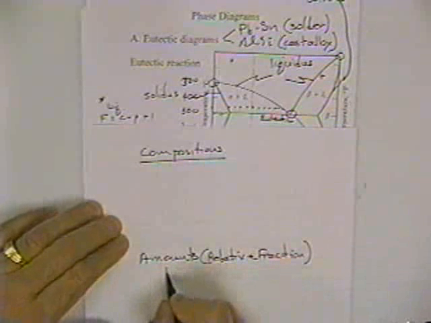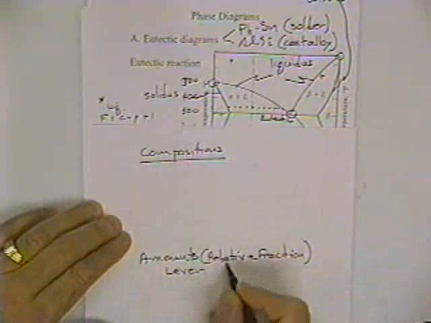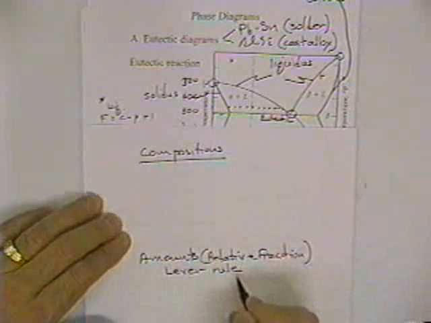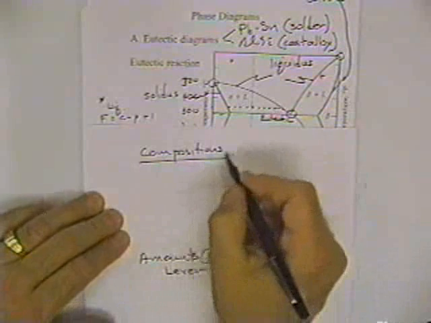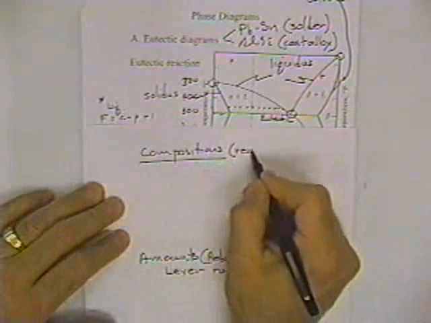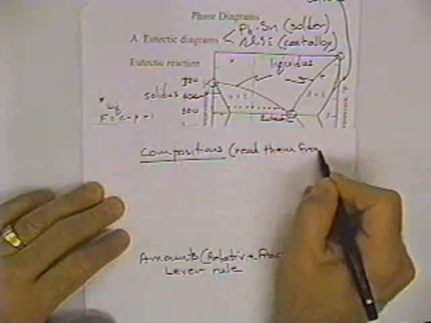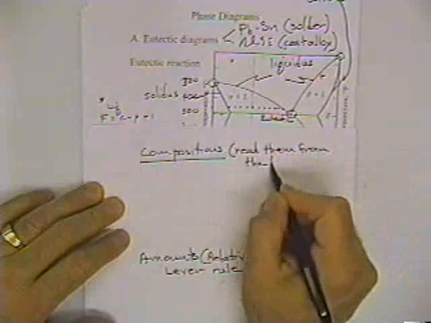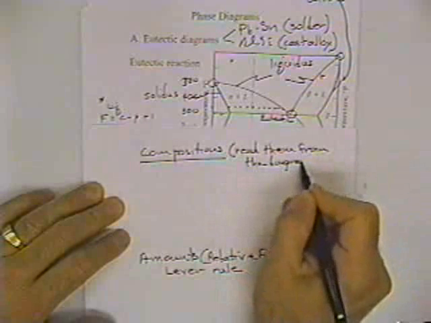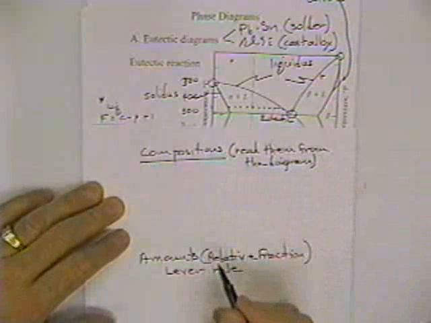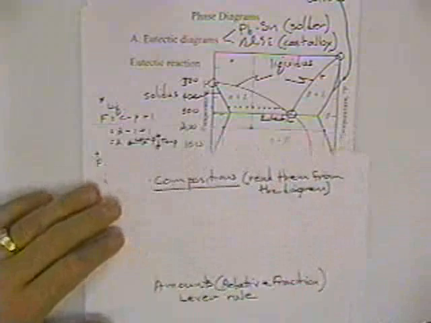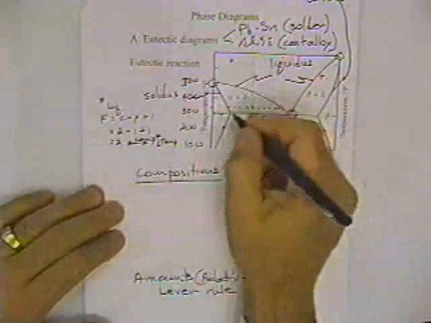When you want to determine the amounts, you have to use the lever rule. When you want to determine the compositions, you just read them from the diagram. So now we have composition.